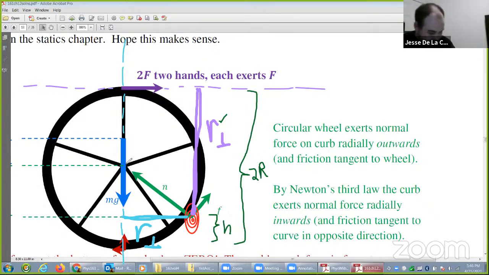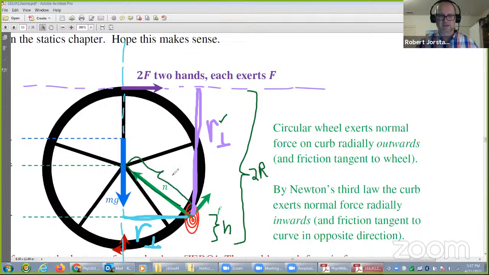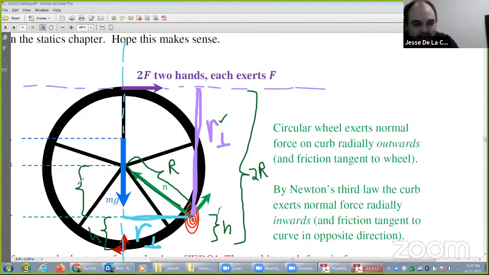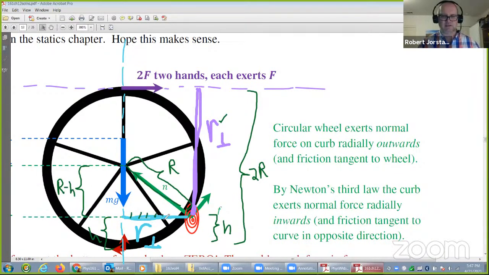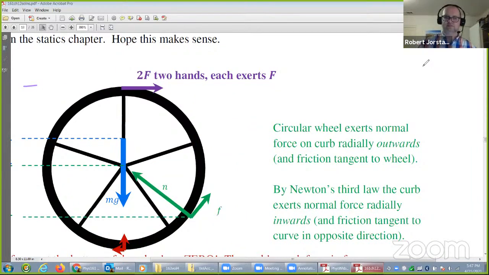Now the other one's a little bit trickier, but we do know that this distance right here is radius r. I know that this distance right here is h. So what's this distance right here? R minus h. And then can't we figure out the lever arm from that? I should be able to figure out this distance because I know two sides of a right triangle. That's what I drew down here in the solutions.